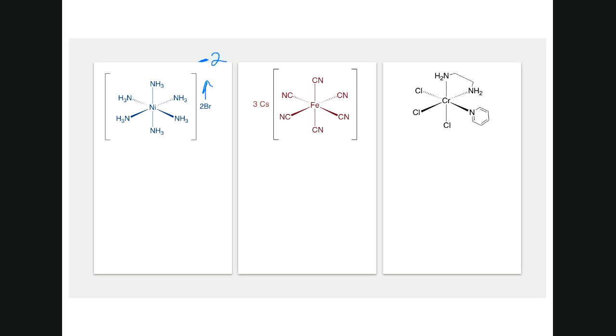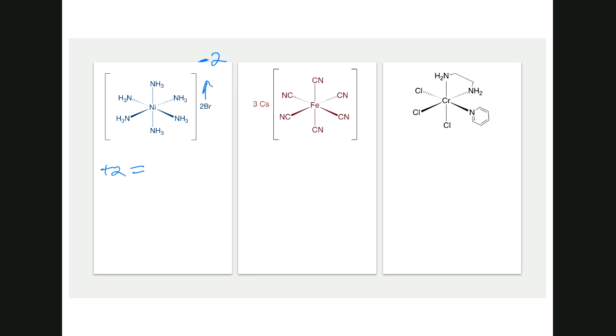So therefore the charge inside the bracket has to be +2 because this is a compound and it's going to be neutral. So we know that the overall charge of this is going to be +2, which is going to equal to, from the equation we saw before, the charge of the complex is equal to the charge of the metal, the oxidation state of the metal, plus the charge of the ligands.